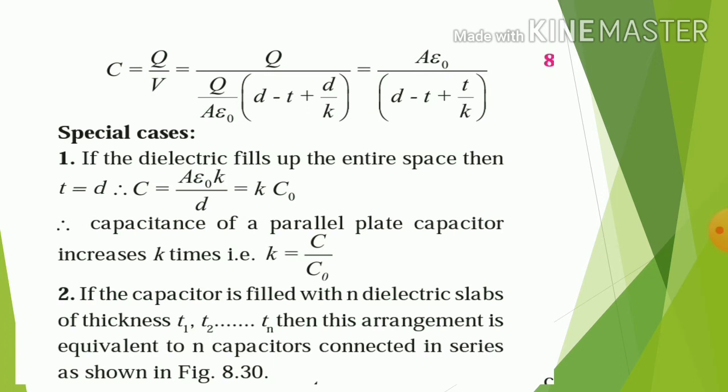Then we can substitute small t equal to d in the above general equation. Therefore we can write C equal to A epsilon 0 K upon d.